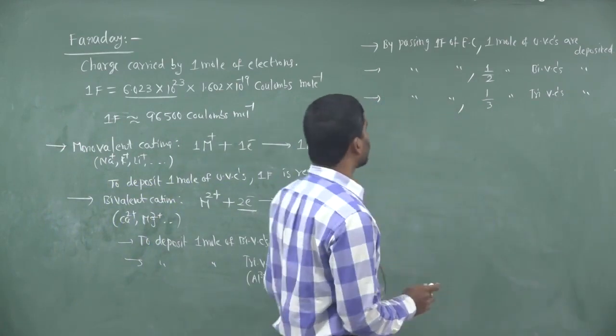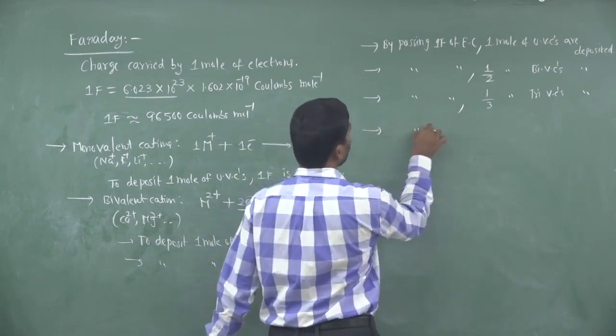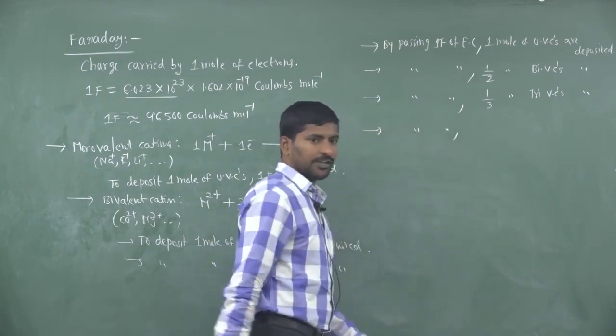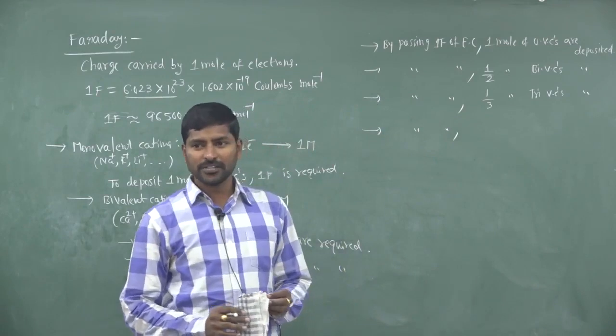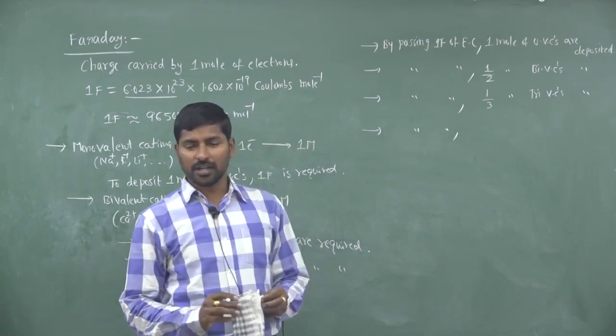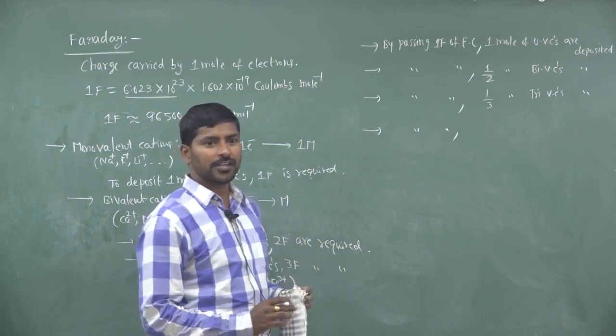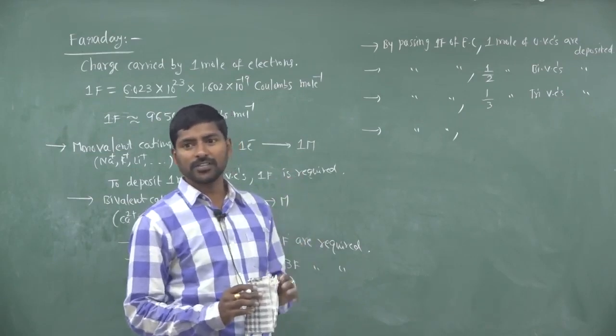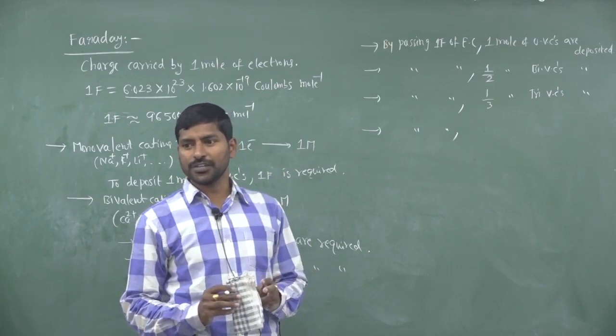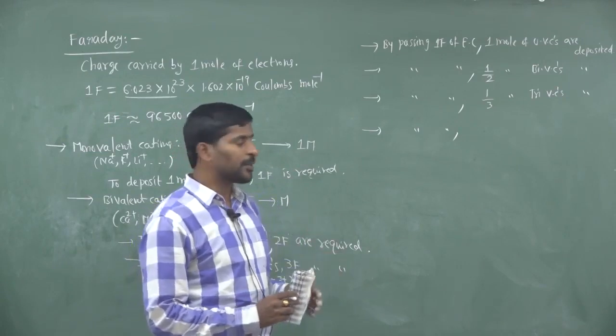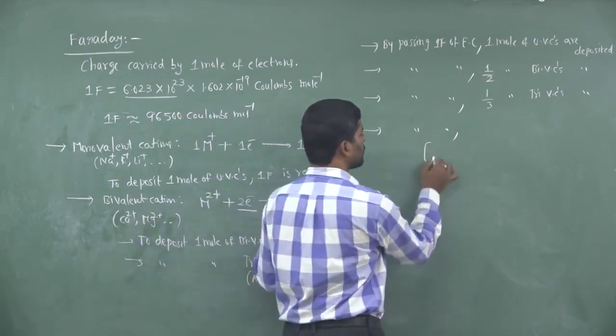So now tell me, by passing 1 Faraday of electric current, how many gram equivalents of univalent cations are deposited? What is the relation between the number of gram equivalents and the number of moles?